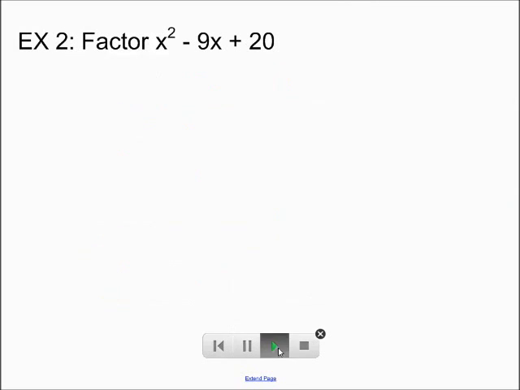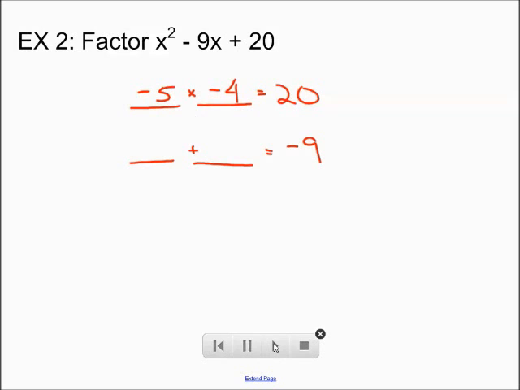So let's try this one. Again, we're looking for factors of 20 that add up to -9. This one might take a little bit more thought: 1 and 20, 2 and 10, 4 and 5. But actually, -5 and -4.